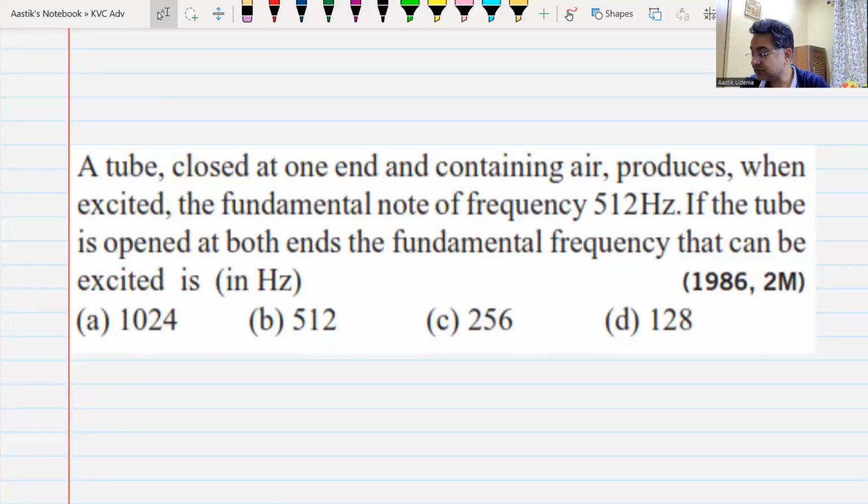Next one. A tube closed at one end containing air, when excited, produces a fundamental note of frequency 512. If the tube is now open at both ends, what is the fundamental frequency?